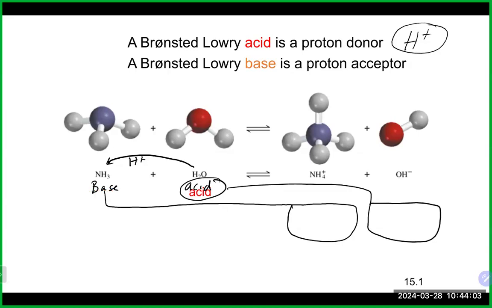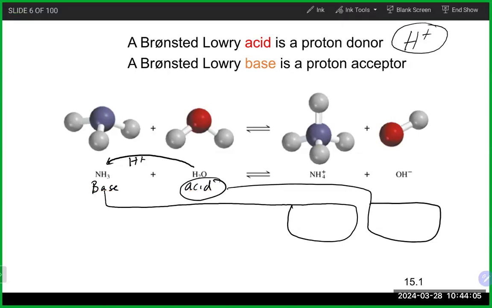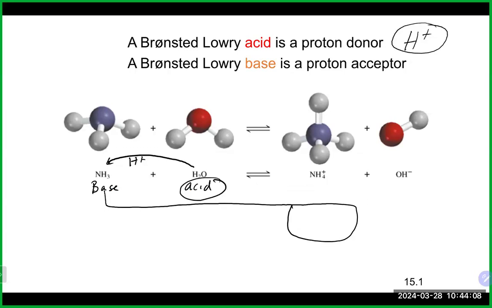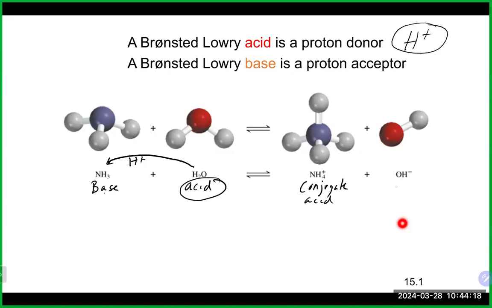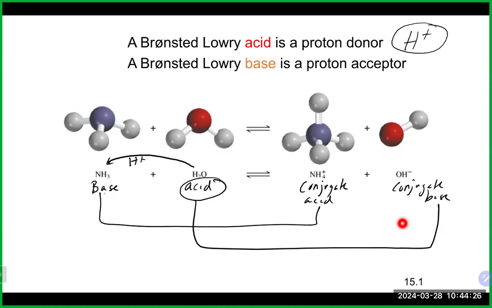And what I'll do maybe is get rid of those writings. So again, this is our conjugate acid and our conjugate base, and these are the relationships here. So what is the difference between an acid and its conjugate base, or a base and its conjugate acid? The difference is pretty much this guy right here, and that has to be the only difference: 1 H plus.